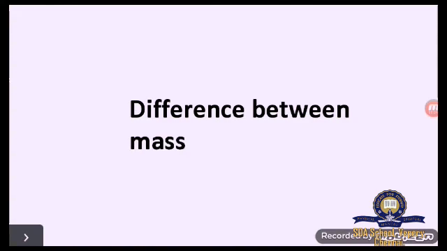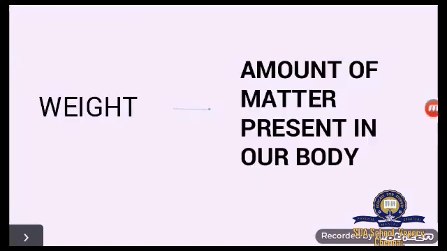So to understand it properly, we have to understand the difference between mass and weight. We usually represent the amount of matter present in our body using the term called weight. But it is not the right term to represent this. Why am I saying this?